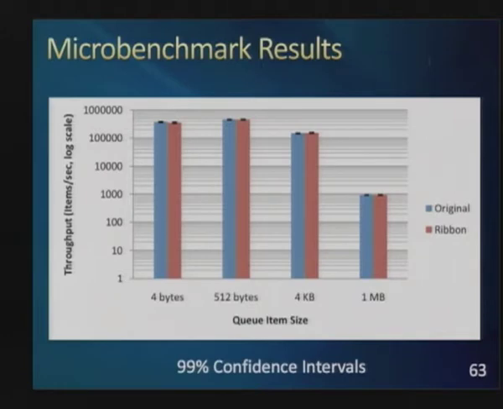Here we've plotted the original Jikes RVM virtual machine unmodified in blue, and then our modified virtual machine running with our custom code enhanced with ribbons, plotted at 99% confidence intervals, and the confidence intervals always overlap.